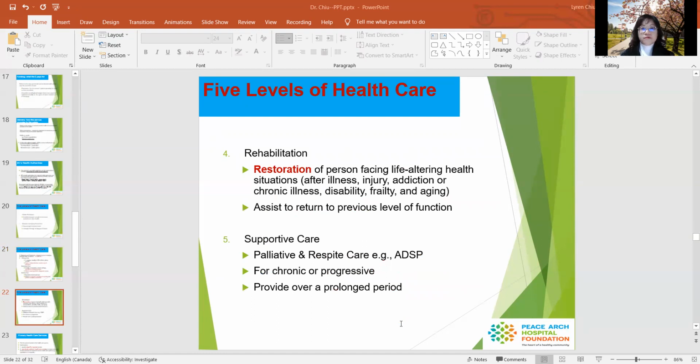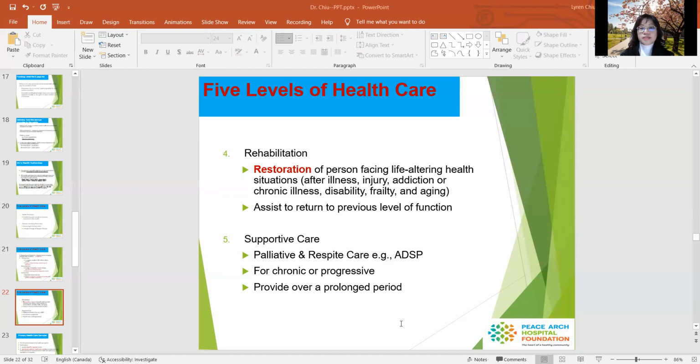The 4th level is rehab. They restore persons facing a life-altering health situation, for example, recovering from illness, injury, addiction, chronic illness, disability, or frailty from aging.